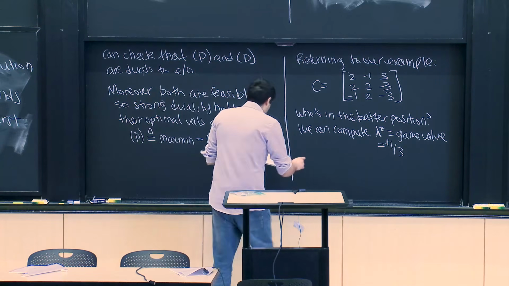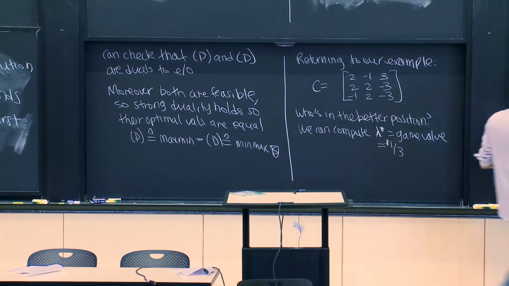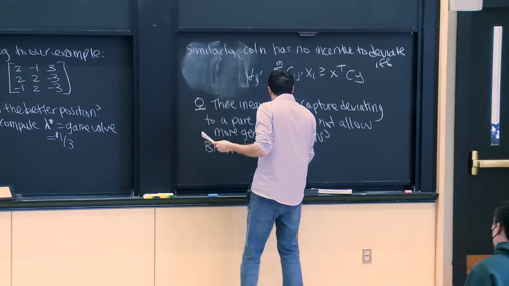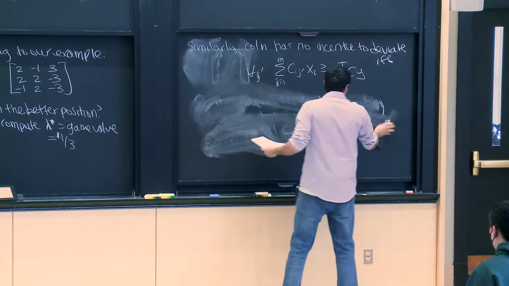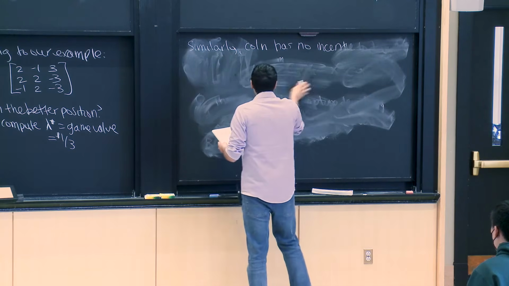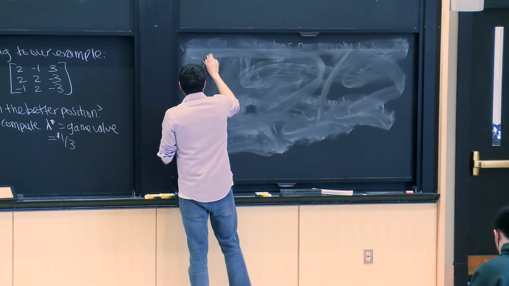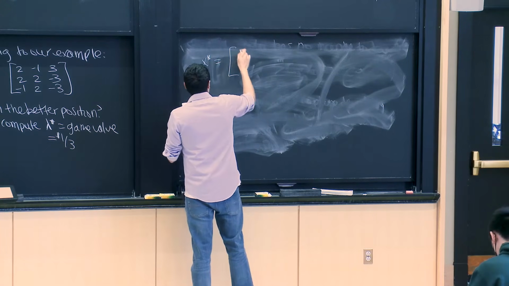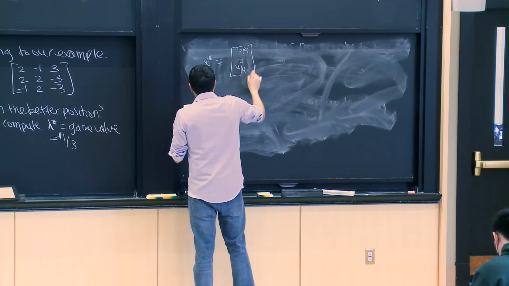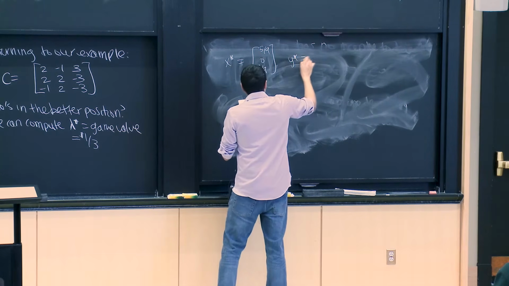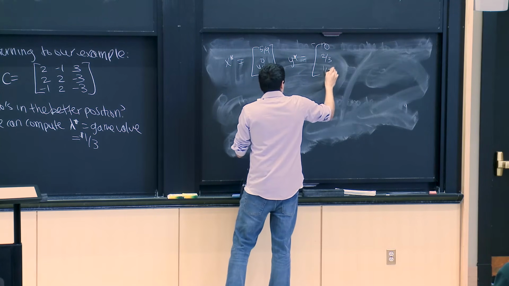And you can check the X star that does this, let me just write it down. You can solve this by hand or by plugging it into an LP solver. What you'll end up getting is that X star is equal to 5/9, 0, 4/9. And Y star is equal to 0, 2/3, and 1/3.